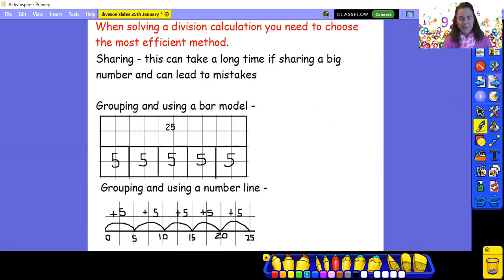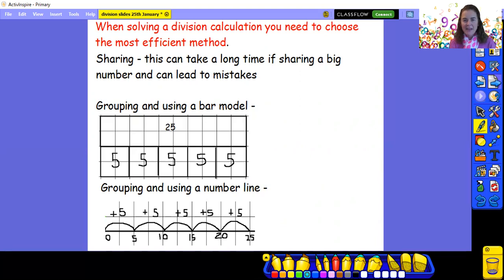Okay, so today you're going to be solving a range of division problems using the 5 times table, so dividing by 5. When we look at division, it's important that you choose the most efficient method. Last week you were shown different ways of solving a division problem, and here are the 3 main ways you might use.